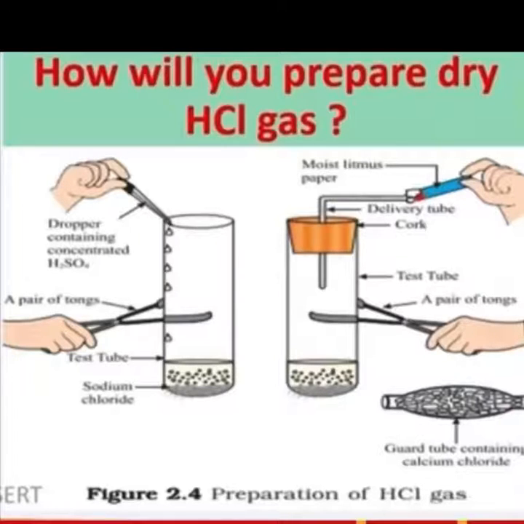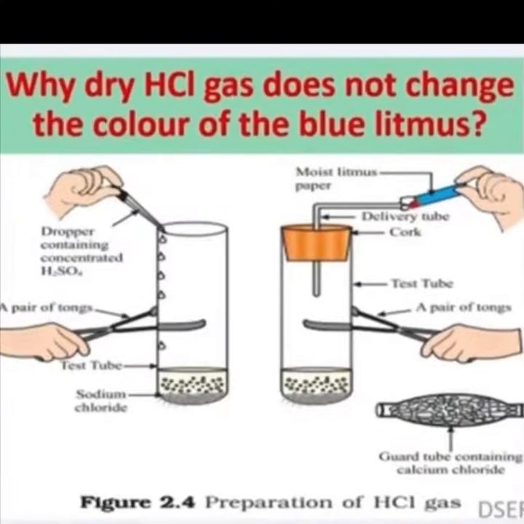Children, how to identify whether it is dry or wet? When you bring a blue litmus paper into contact with dry hydrochloric acid, there will be no change in color, children.